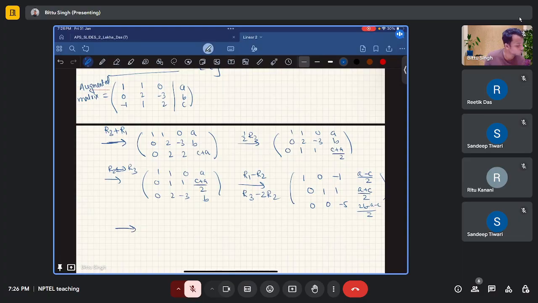Again, you can do the operation 1 by 5 times R3, so that the leading entry becomes 1. The next operation will be 1 by 5 times R3, which will give you minus 1 by 5, which will give you 1 here, and minus 1 by 10.